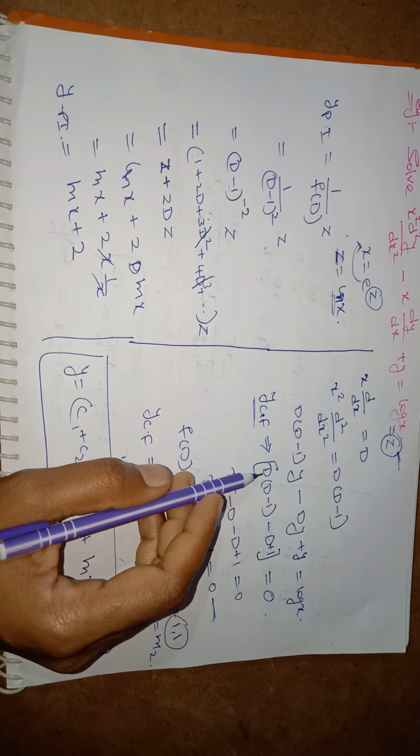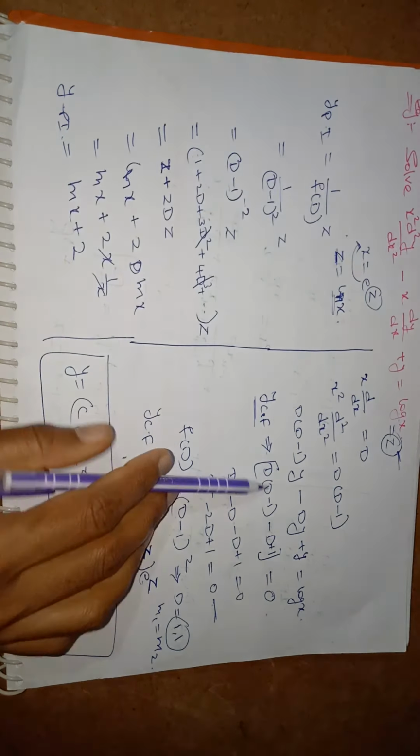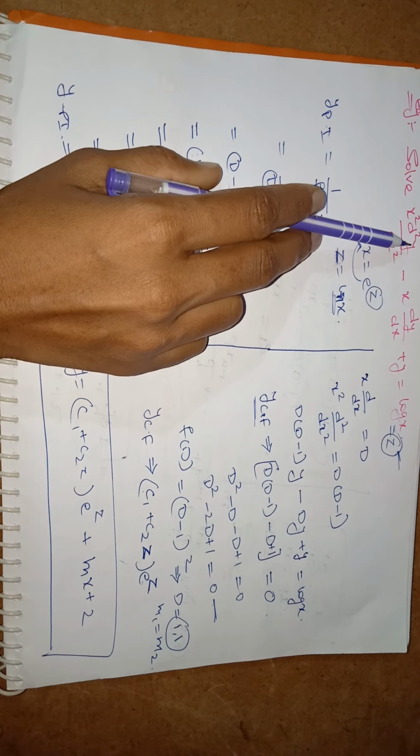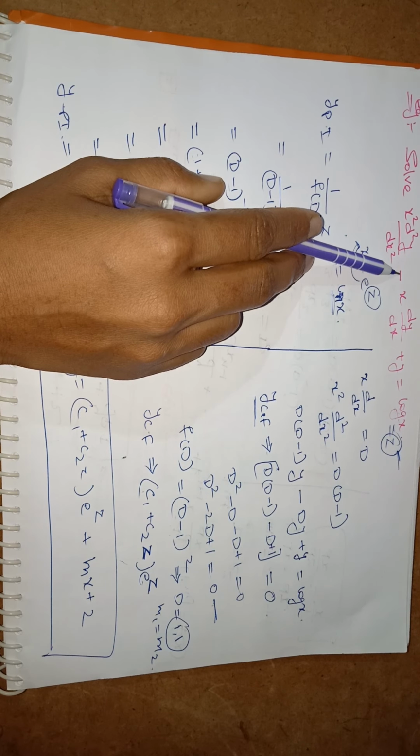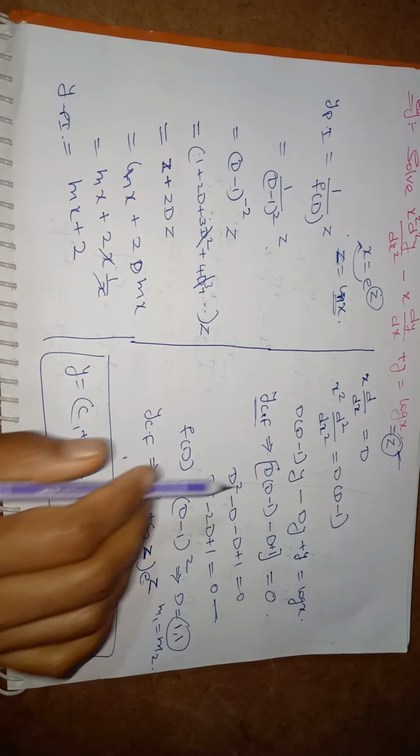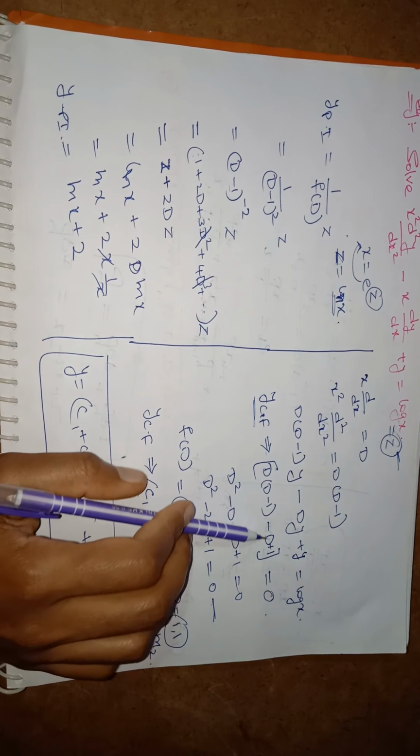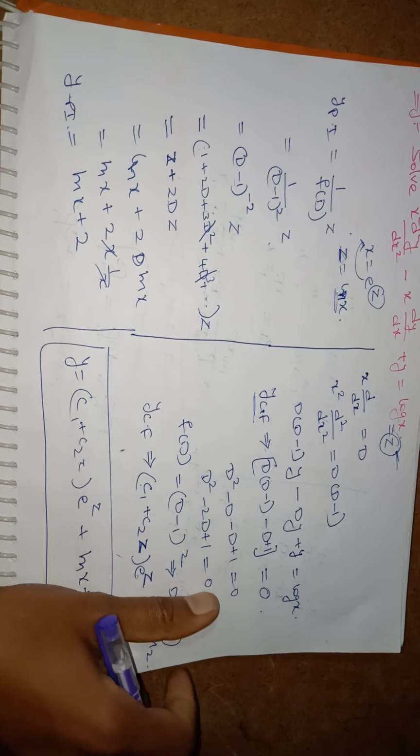To find a complementary function, we will first of all write the auxiliary equation. For this equation, the auxiliary equation is D into D minus 1 minus D plus 1. How do we get this one?